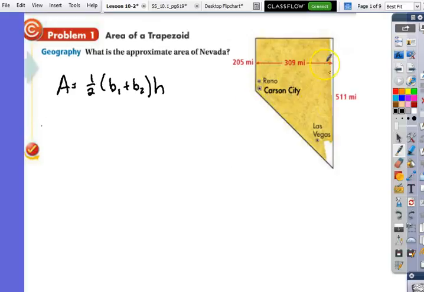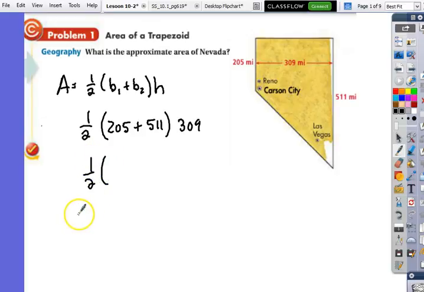So I'm just going to directly plug this information into the formula and see what we get. So I have 1/2 times the base 1 is 205, the base 2 is 511, and then the height is 309. Now it's important to know that we're going to add miles here and then multiply by more miles, so we're going to be in square miles in our answer.